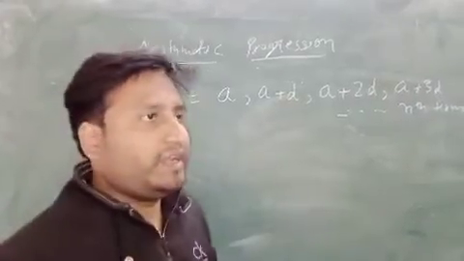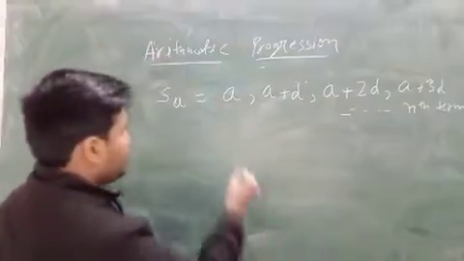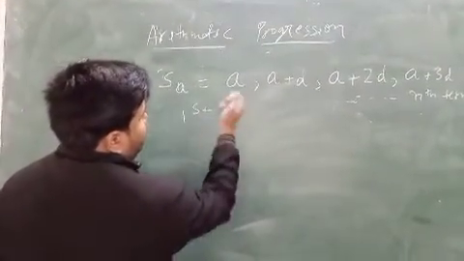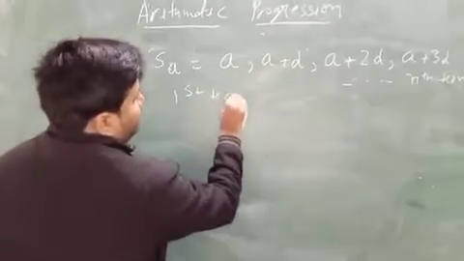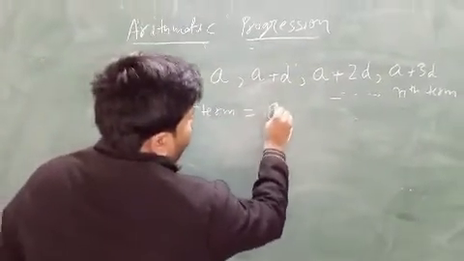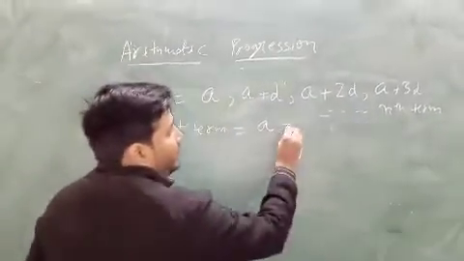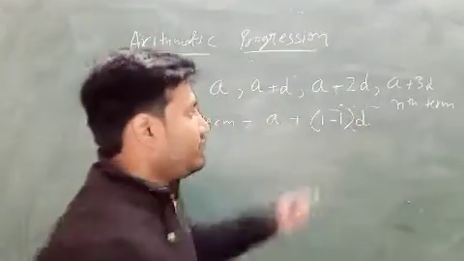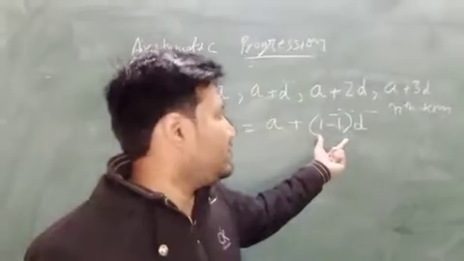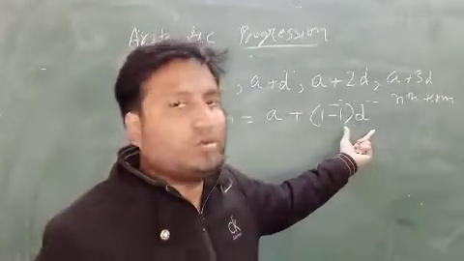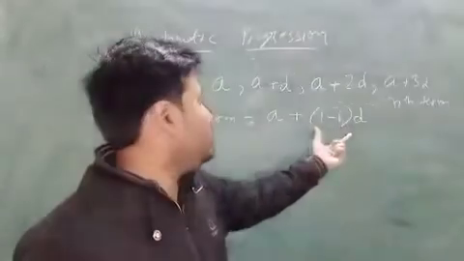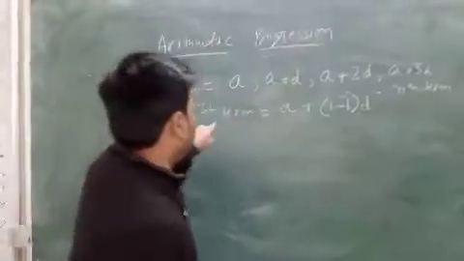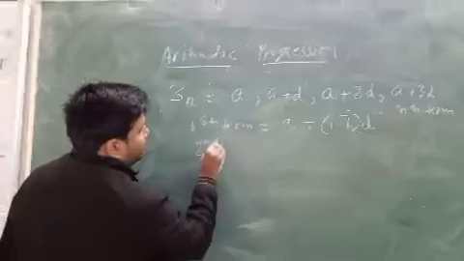Before finding the nth term, look at series number 1. The first term is a. Can we write a plus (1 minus 1) into d? Because 1 minus 1 is equal to 0, 0 into d comes to be 0, so the first term stays the same.